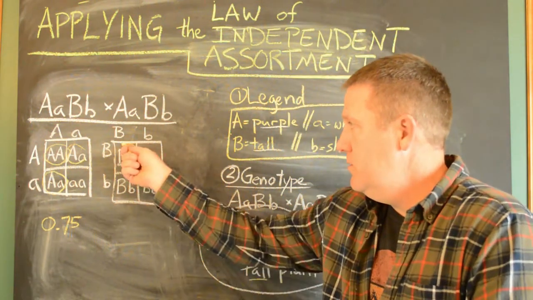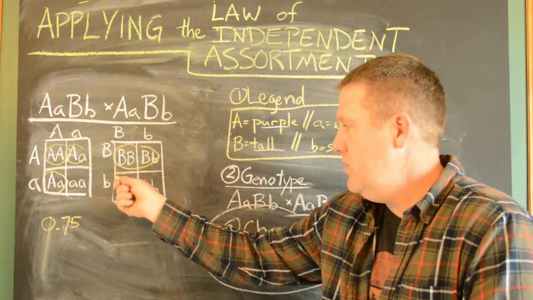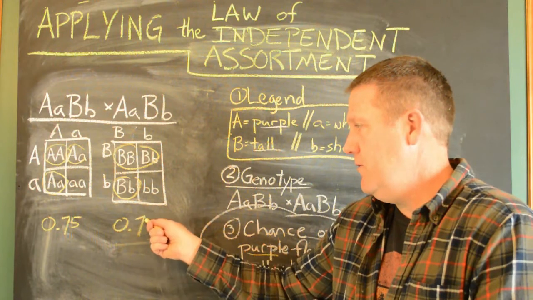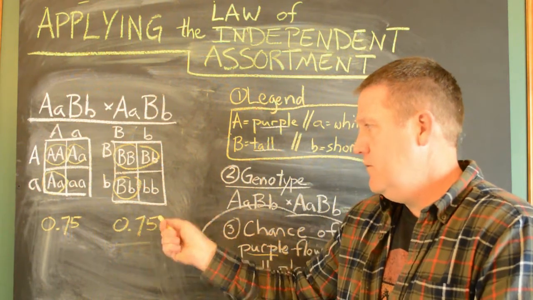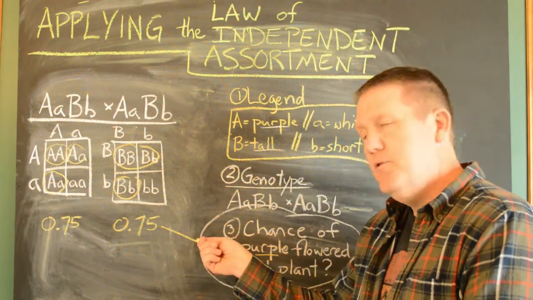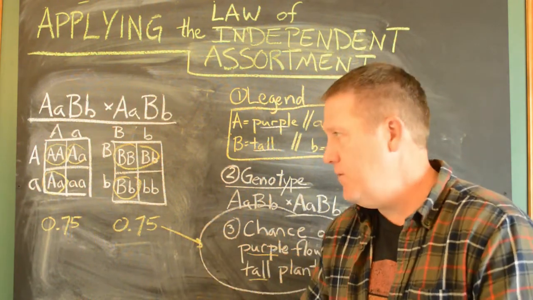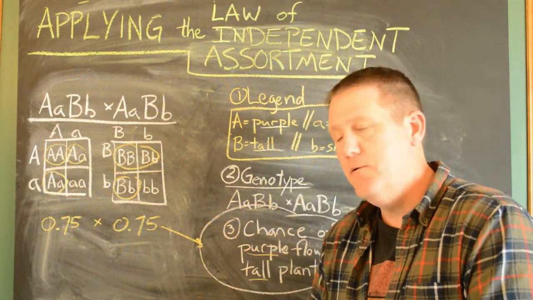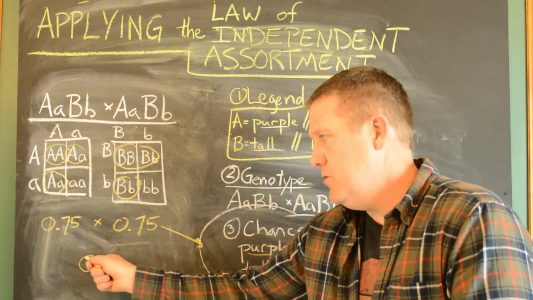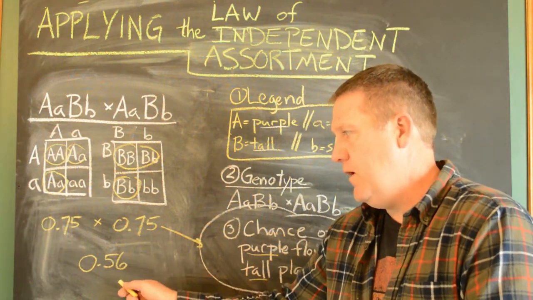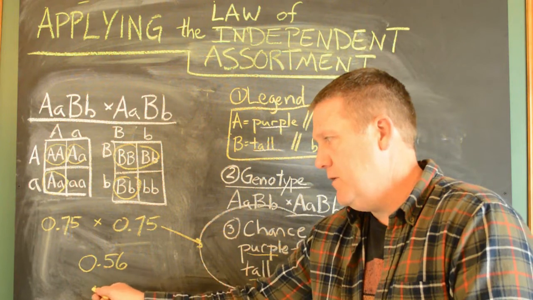And so these are tall, that one's tall, again, 0.75. So what's the probability of both of those things occurring together? For that, we just multiply those together. So you get something like 0.5625.